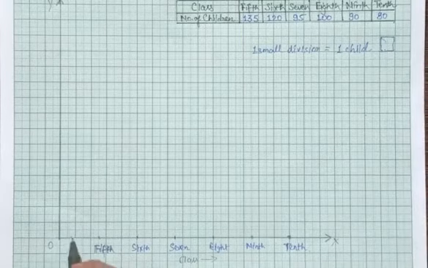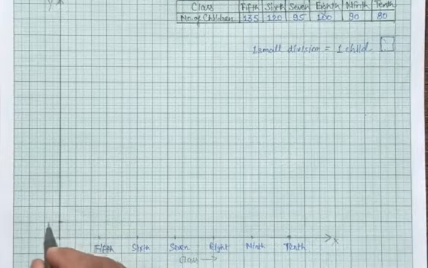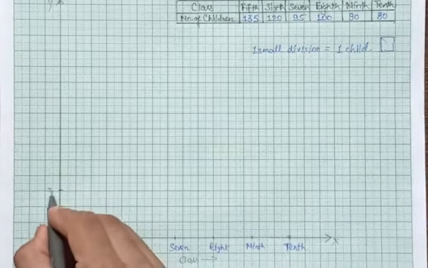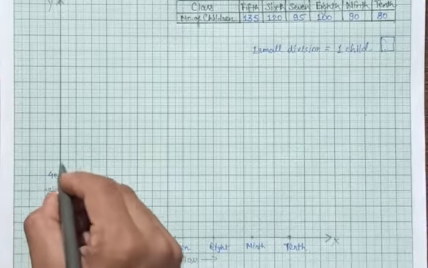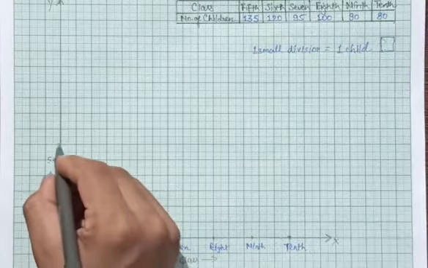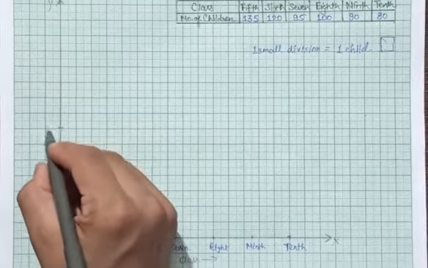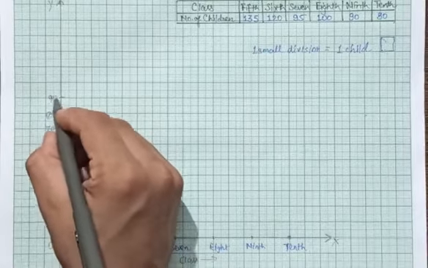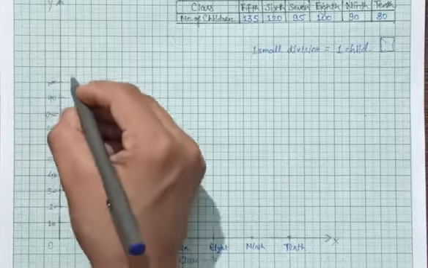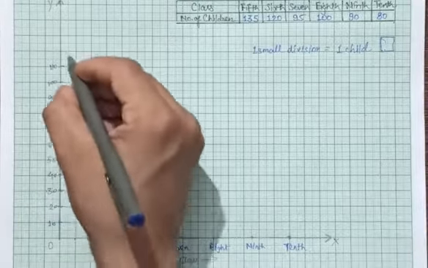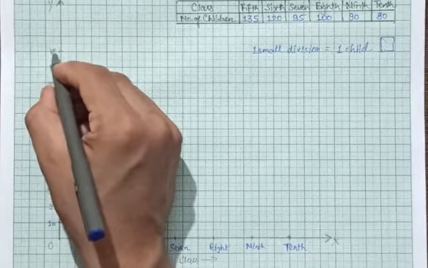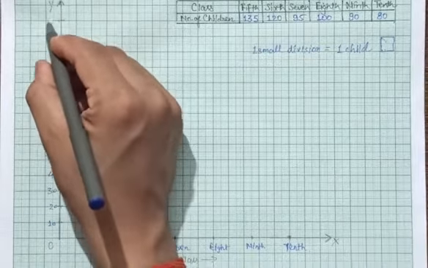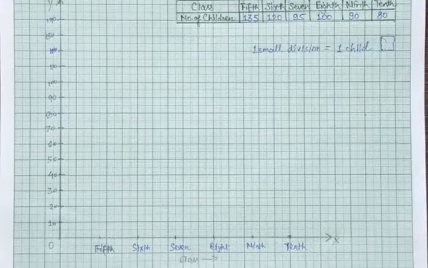Following this, we can represent here, this is 10, this is 20, this is 30, 40, 50, 60, 70, 80, 90, 100, 110, 120, 130, this is 140. Okay.